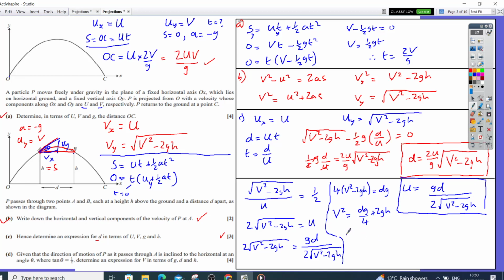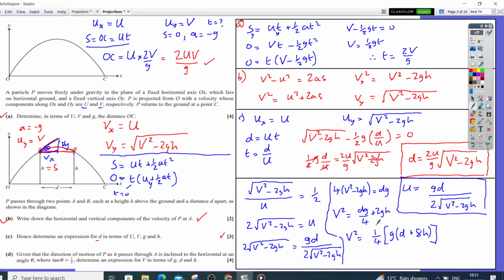So v squared, I'm going to take a factor of a quarter out, and I'm going to take the g out. So if I then close that, I've got the d there, and because I took a quarter out, I need to times that by 4, so that's going to give me 8h.